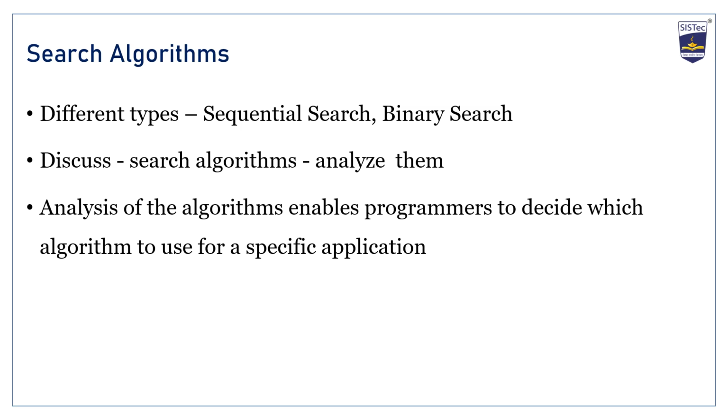Until the programmer analyzes the algorithm, he or she cannot decide which approach is best to solve the issue. Analysis is an important aspect to understand the need of the problem and to know which searching algorithm would be best for a specific problem that we are going to solve by using the computer.